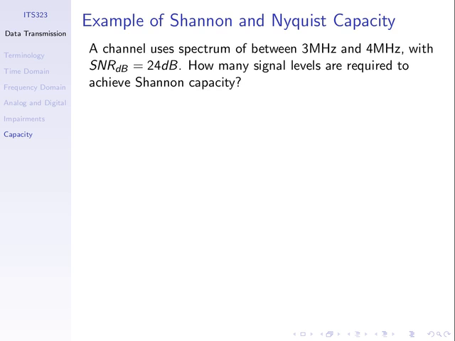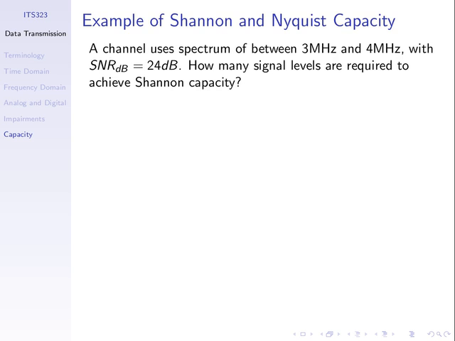We know the capacity is around 8 megabits per second. We know the bandwidth. We want to know how many levels do we need to achieve that capacity. What signalling scheme should we use? If we want to get 8 megabits per second, instead of mega, I'll write 8 by 10 to the power of 6. According to the Nyquist equation, 8 megabits per second is 2 times the bandwidth.